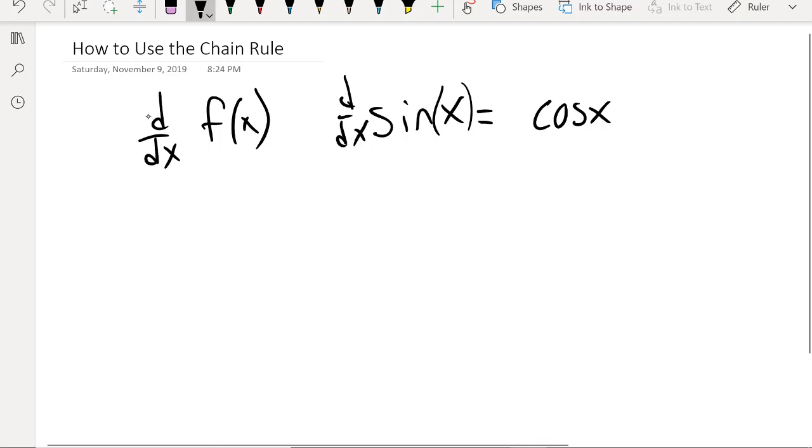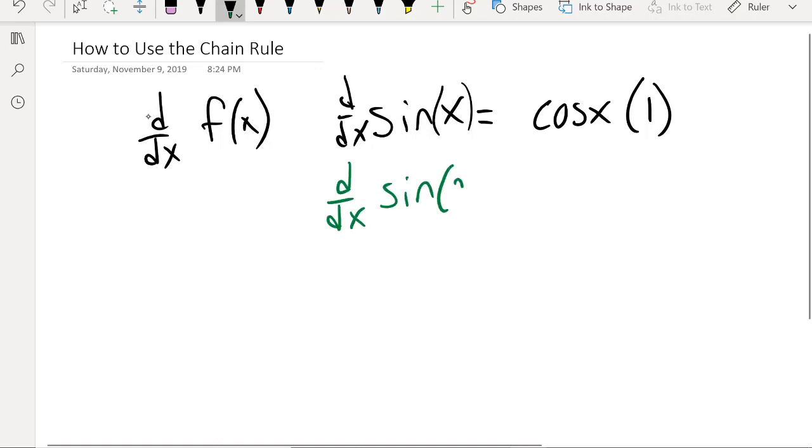So the derivative of x is 1, and that is a chain rule. Now, it's a pretty easy chain rule because I actually could have just forgotten to use chain rule and I would have gotten the same answer, right? Because anything times 1 is that thing.